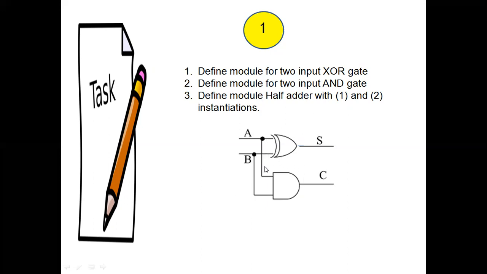Second, write a module for the AND gate independently. Next, define a module for the half adder, but in that you have to instantiate, that is call, the already defined XOR gate module and the already defined AND gate module. Please complete this task.